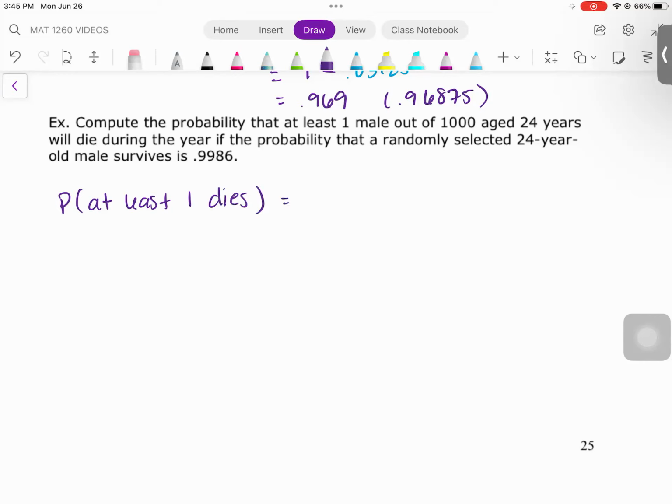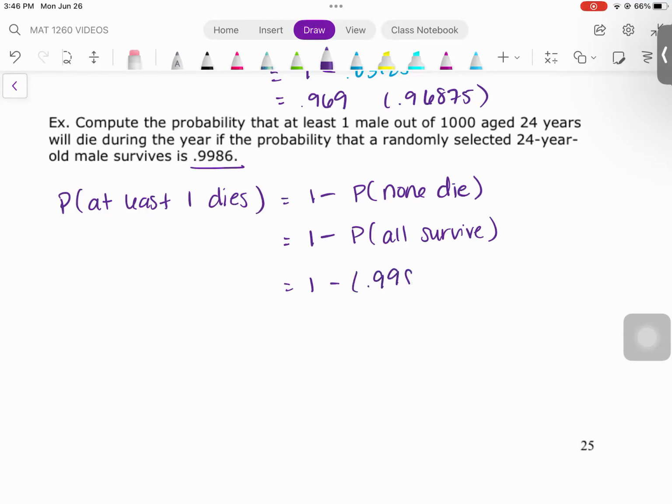Well, the at least one rule says that the probability of at least one is equal to 1 minus the probability of none. In this case, it's that none of them die. If none of them die, that means they all survive. The probability that they all survive, that's 1,000 of them, and we know the probability of survival is 0.9986.